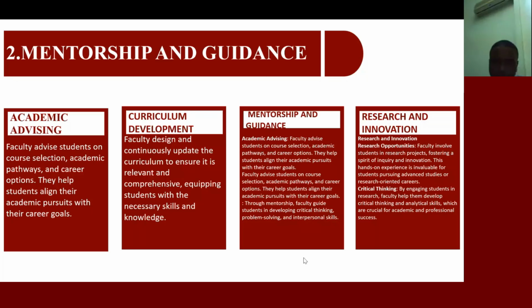The part on mentorship and guidance is where you can be able to guide the students all along from once they begin their learning journey all the way to the end. And the part that I've not mentioned about is the research and innovation. So the faculty is supposed to involve the runners or the students to ensure that the students are able to tackle research projects.